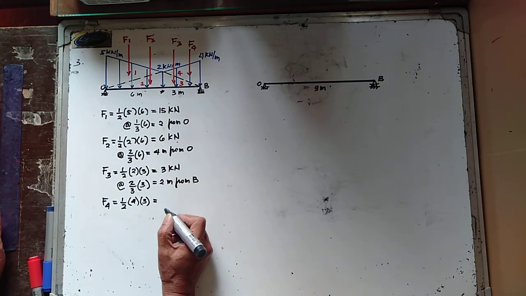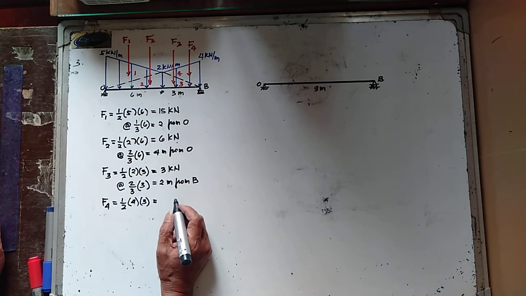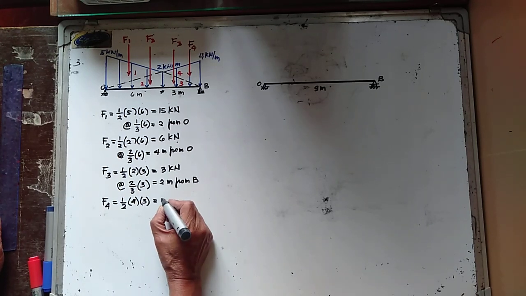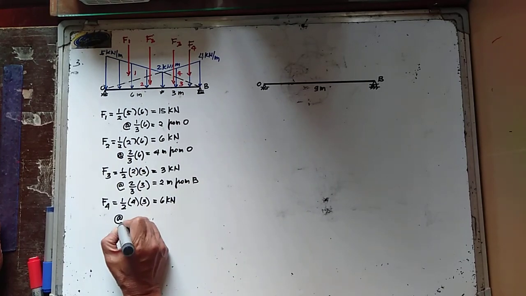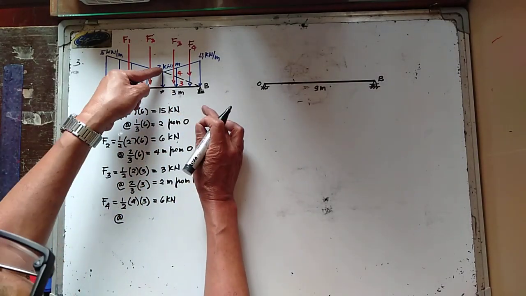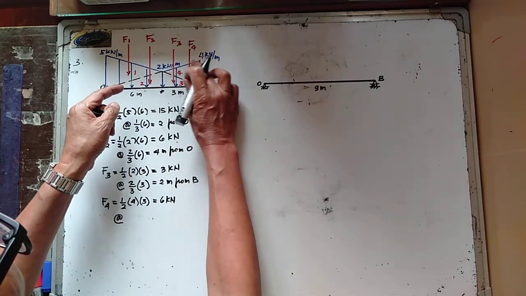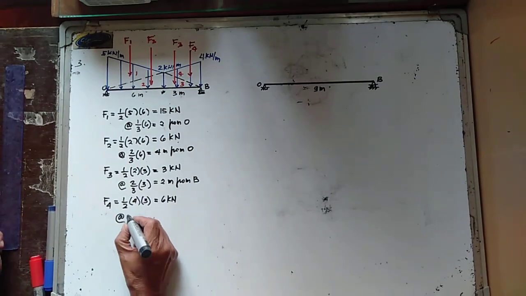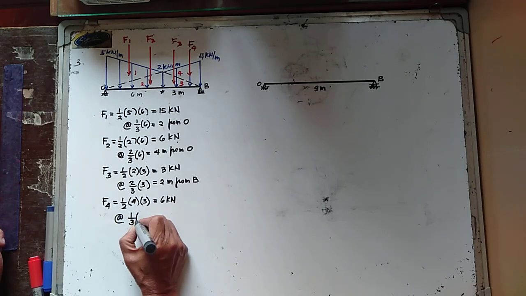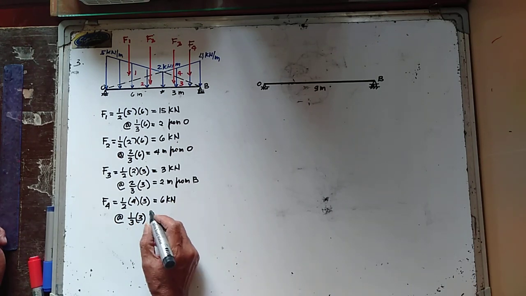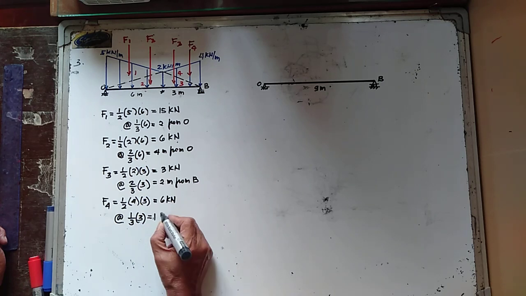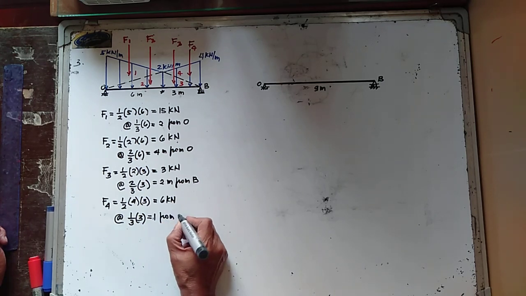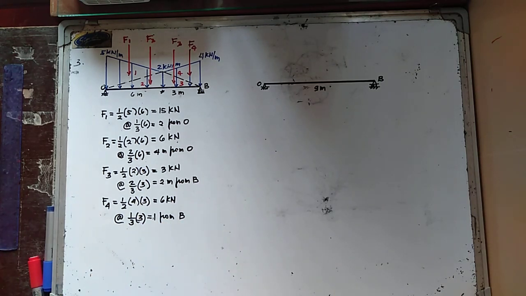And this one is equal to 6 kilonewtons. And this one is now acting, so this is now the triangle, at 1/3 of 3, which is equal to 1 meter from point B.